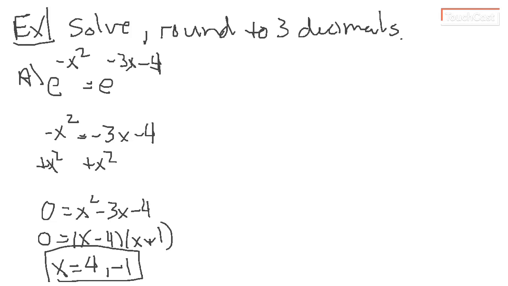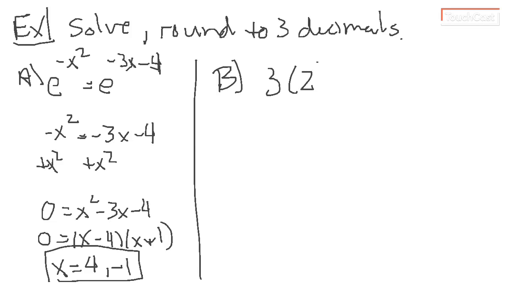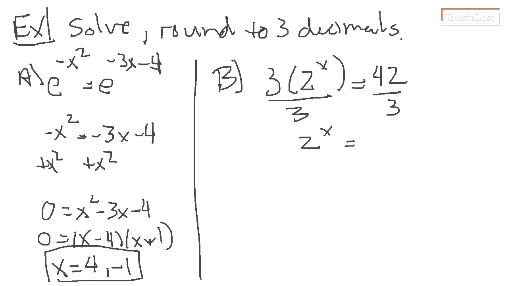Let's check one more out. So this will be 1b. We are going to take 3 times 2 to the power of x and set that equal to 42. Now the first thing I would do here is I would divide both sides by 3. So I'm going to be left with 2 to the power of x equals 14. And then using the strategies above, I'm going to rewrite this from exponential form to logarithmic form.